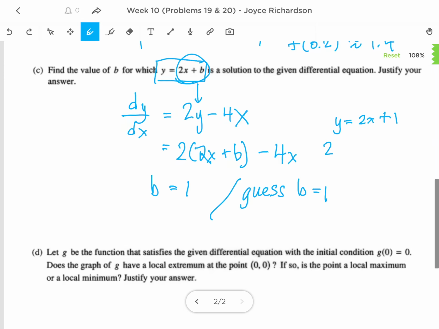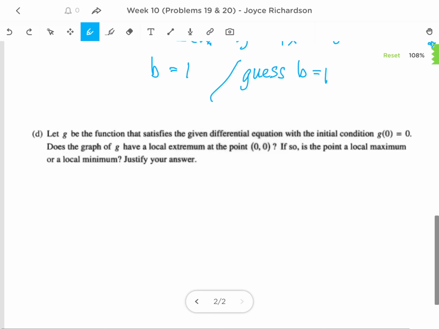But then they wanted you to verify that 2y minus 4x is going to be equal to 4x plus 2 minus 4x, which is equal to 2, which is dy/dx, because it's the slope.